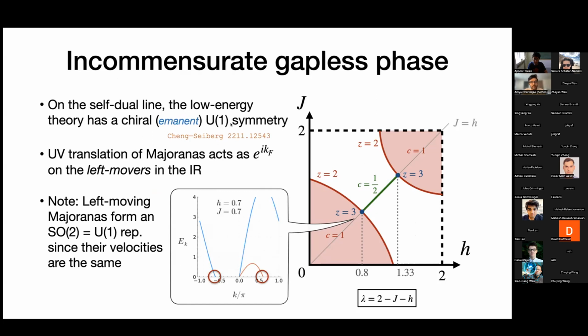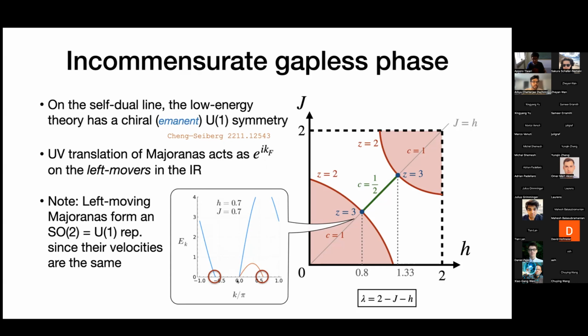There's an emergent U(1) symmetry, which is essentially the UV translation acting on the Majoranas on the lattice, and it acts as e to the i k_F, k_F being this Fermi momentum. So it acts as this phase. It acts only on the left movers because the right movers, you see, are at k equals 0.